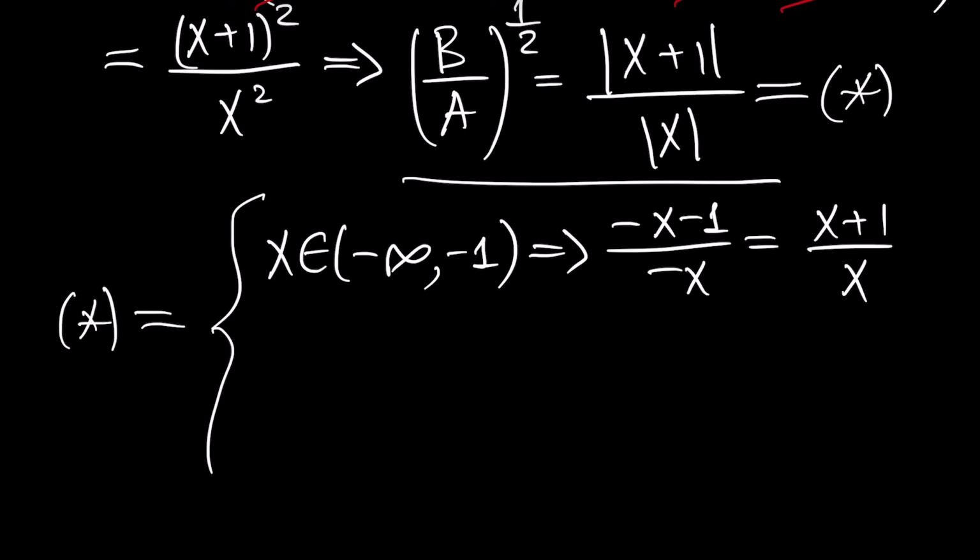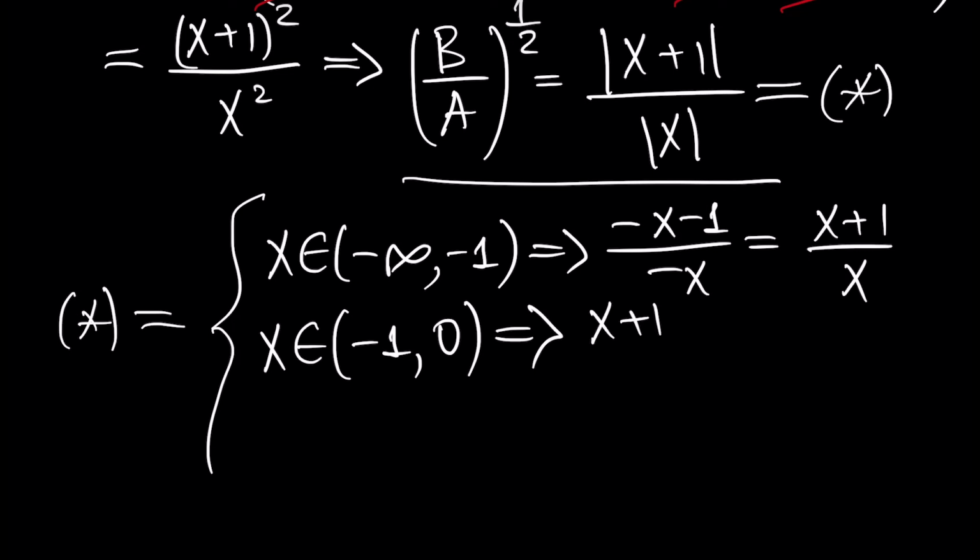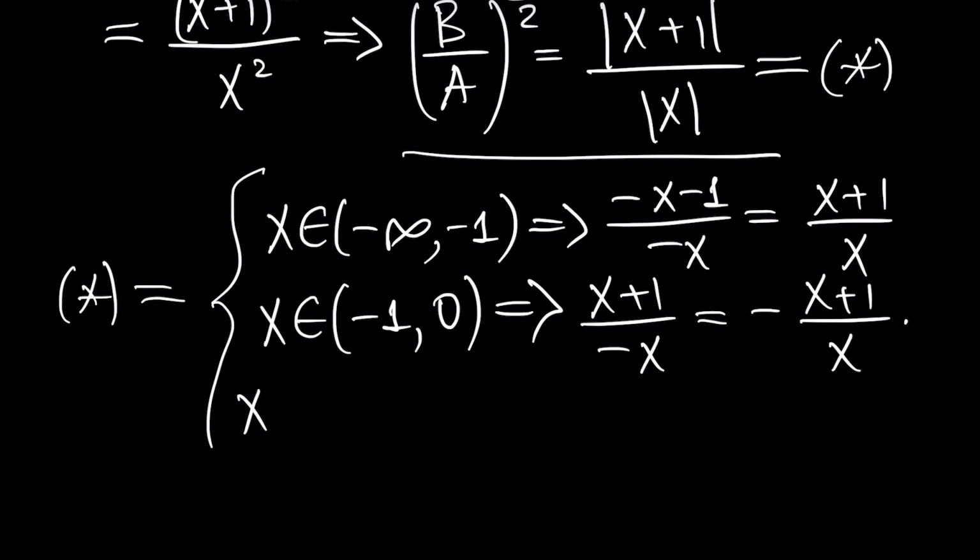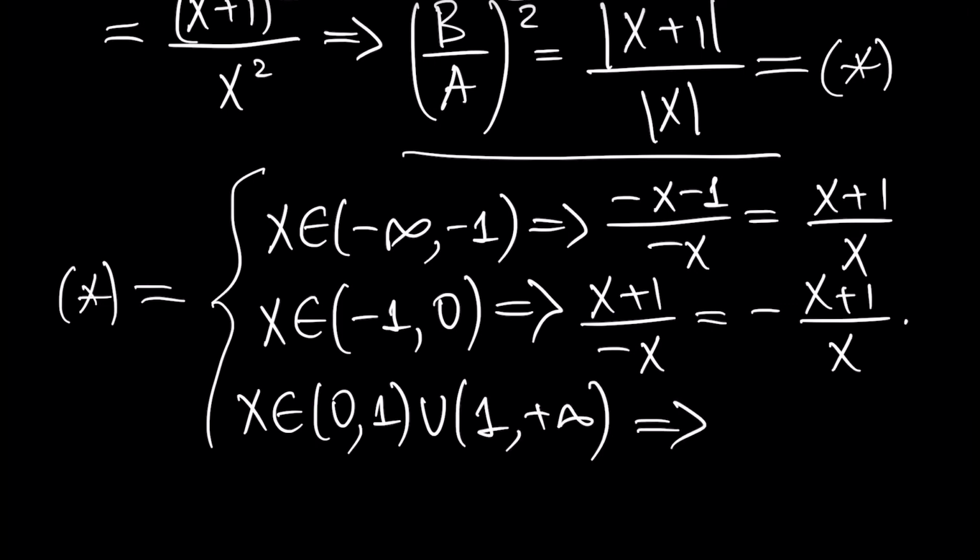The second case, when x is in the range from minus 1, not including, because as we said earlier, x cannot be equal to minus 1, to 0, not equal to 0, it will be (x + 1) divided by (-x). And the third case, when x is from the interval 0 to 1, or from 1 up to plus infinity, everything is positive, and we will have (x + 1) divided by x.